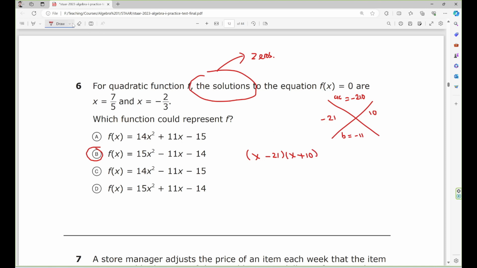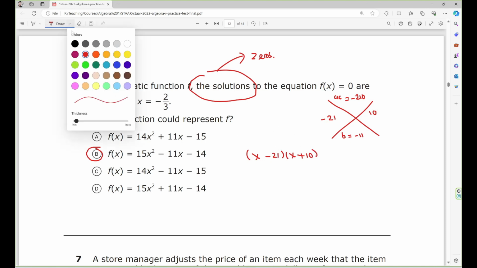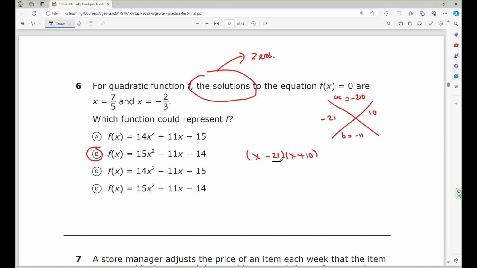Alright, but it's not done yet. You need to divide this constant by 15 right here. Divide by 15. Divide by 15. And you simplify. So it should be s minus 21 over 15, divide the top and bottom by 3. So it should be 7 over 5. Times s plus 10 over 15, divide the top and bottom by 5.